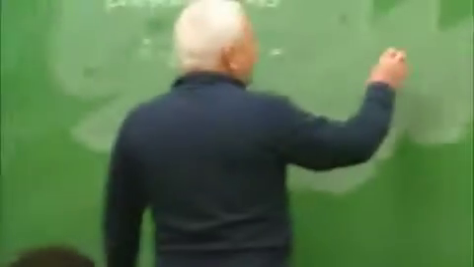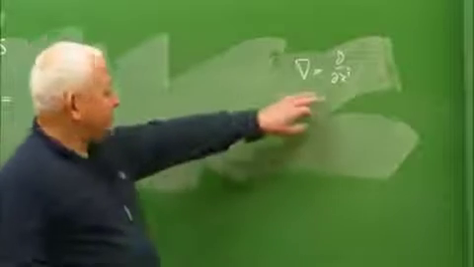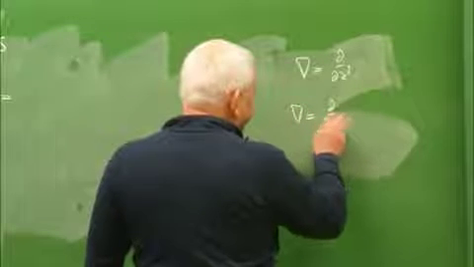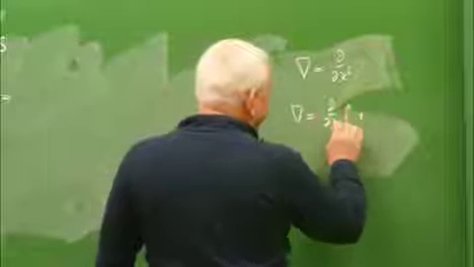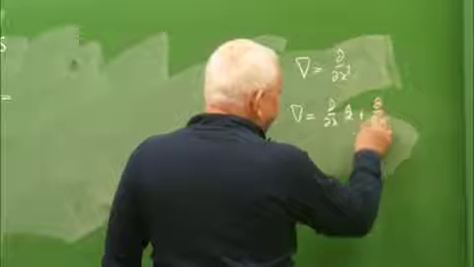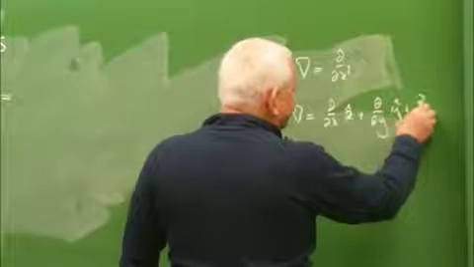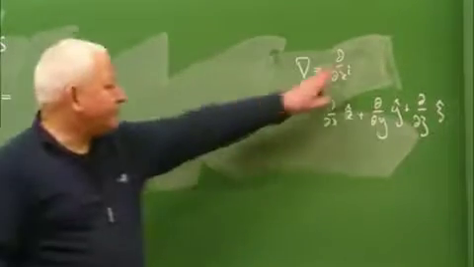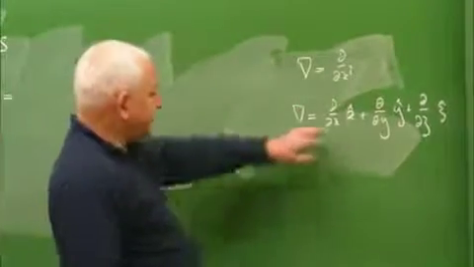Let me write out in index notation what it is. Lambda, you remember, is d by dxi. It is the vector operator which you wrote in the first year as d by dx x hat plus d by dy y hat plus d by dz z hat. So that's what my d by dxi indicates.